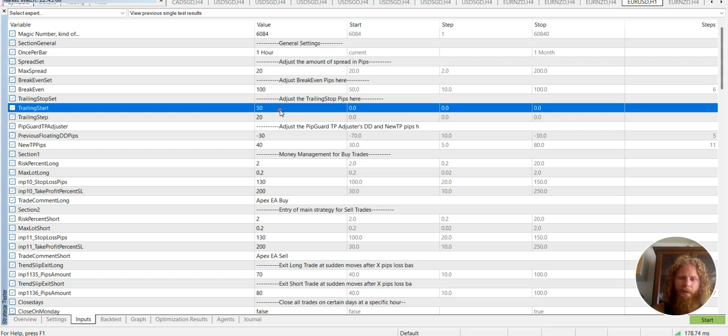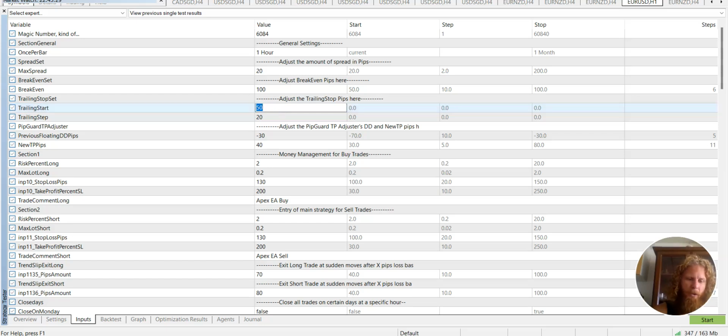And if the price is dropping, for example if you have a long trade and the price is dropping down, then the trailing stop is going to close your trade at a completely positive spot, which is very useful for many traders.